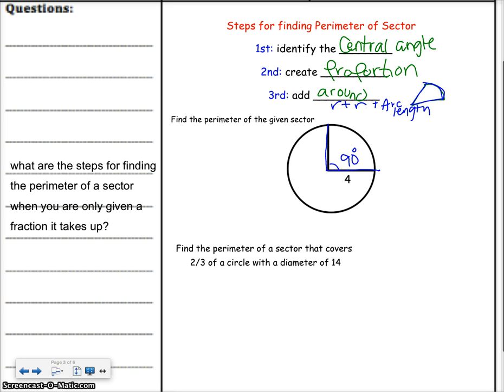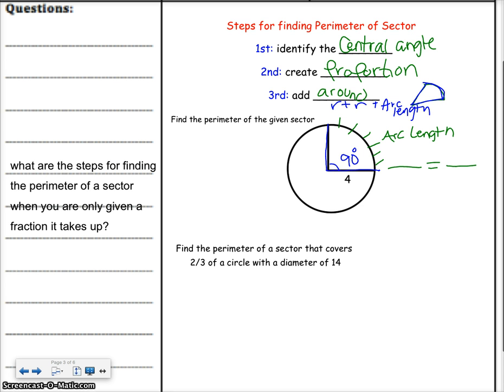Okay. Then what I need to do is create a proportion. That's step 2. Step 1, find my central angle. Step 2, create a proportion. So the reason why I'm creating a proportion, my purpose here, is I'm figuring out my arc length. I'm figuring out what the heck this dimension is.